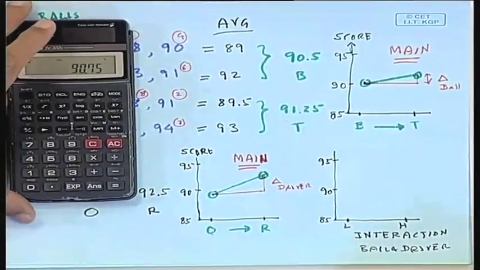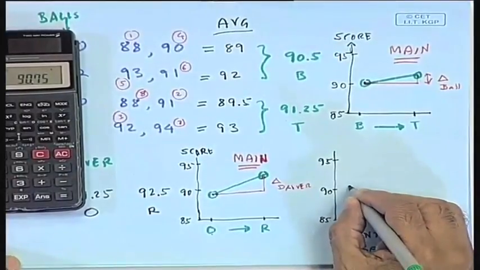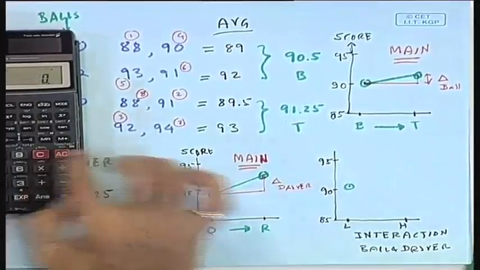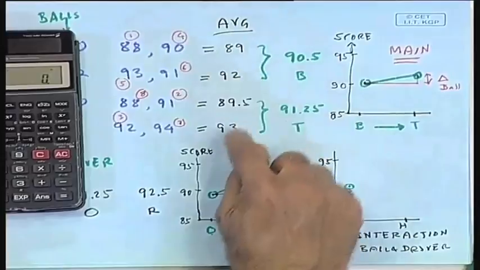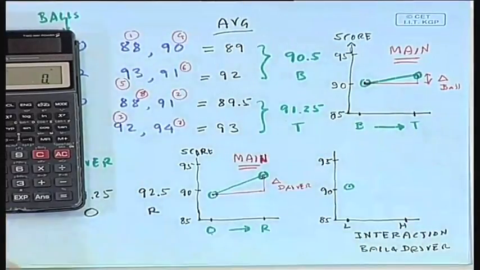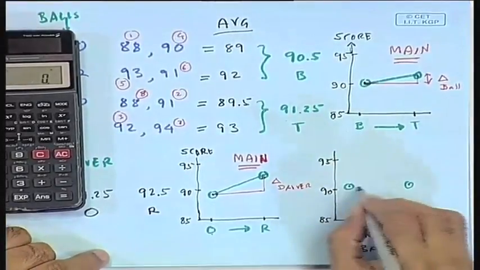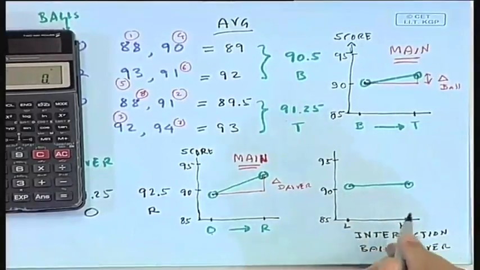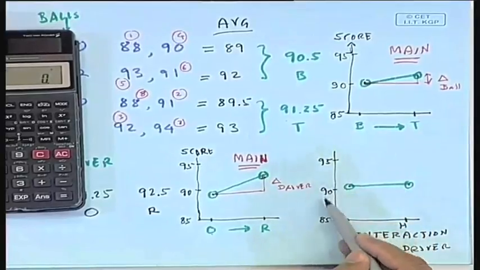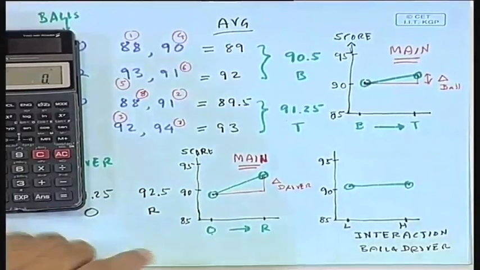That's 90.75. 90.75 is the low level. That's about here somewhere. And let's do the other one. That's the average between 89 and 93. That's actually 91. So I'm going to put that right about here. Notice here, it looks like there's almost no interaction. This is the interaction one. So let's give it a title. This is interaction.